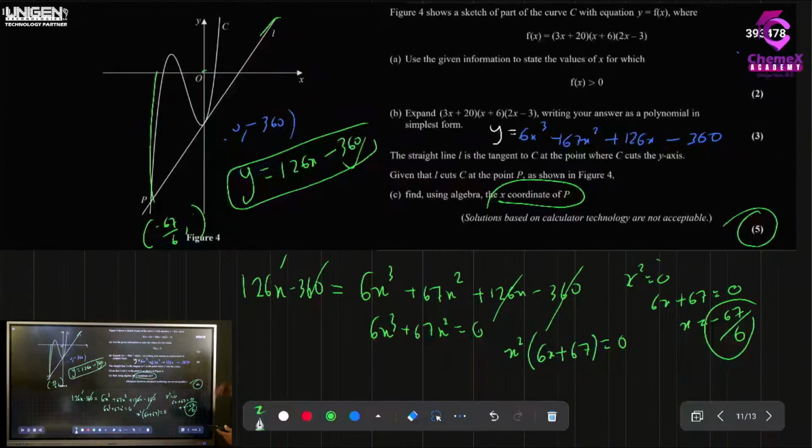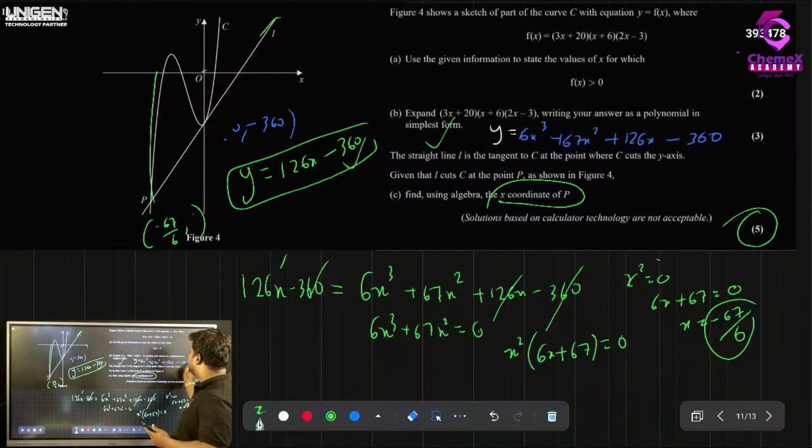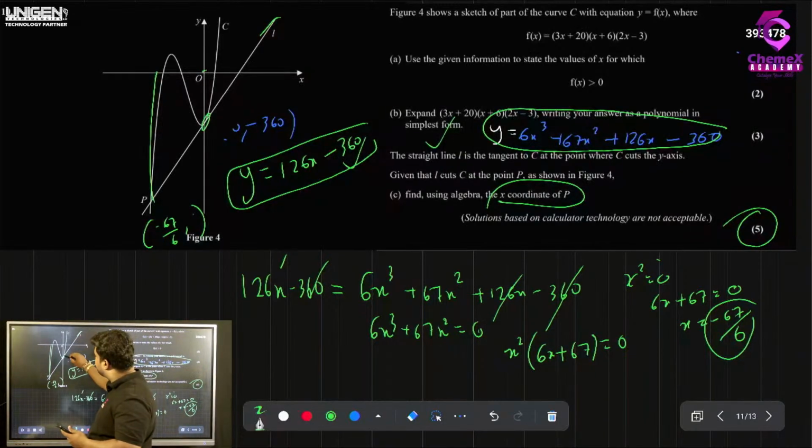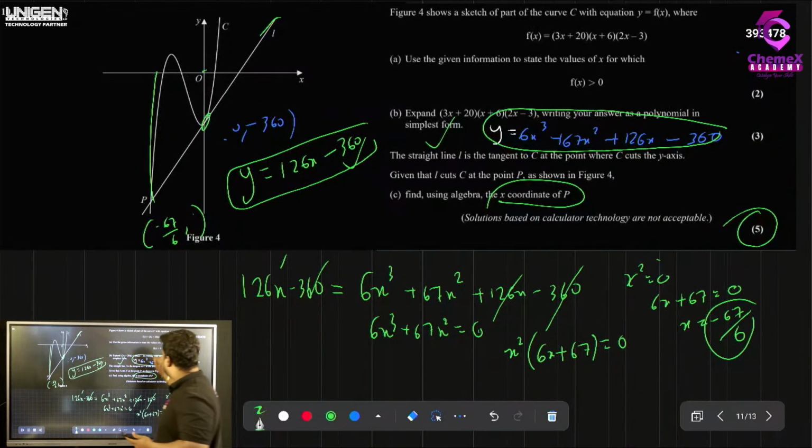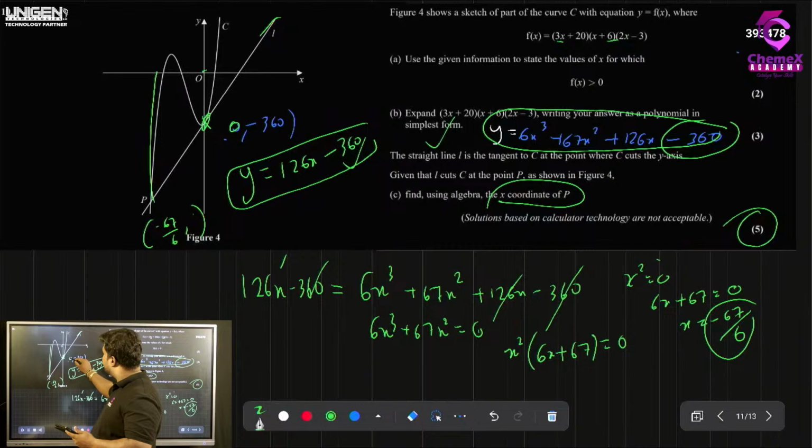For that, I'll recap overall from the beginning how I did it. What I did is for the b part I expanded. No, I found dy over dx. So after finding dy over dx, I know the coordinate of this. How did I find it? For this I put 0. If you put it for this, it's minus 360. So this coordinate is 0 comma minus 360.